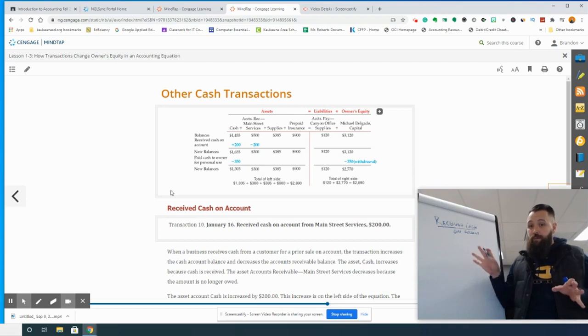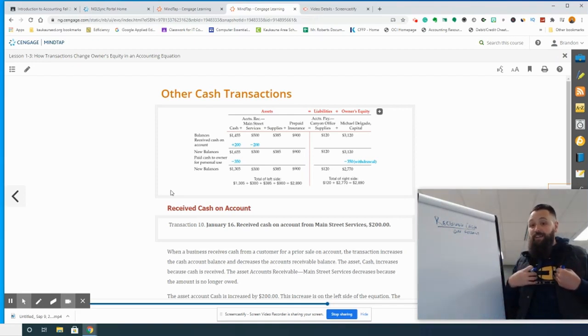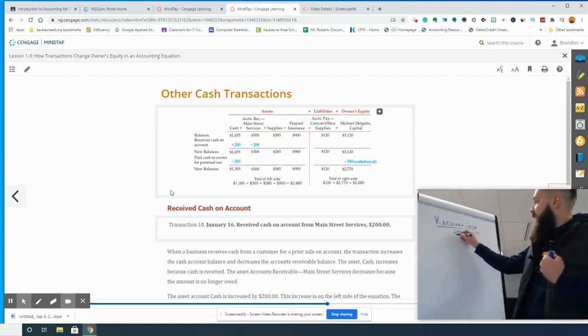Now remember before, we paid cash on account because it was a liability that we owed. Now, somebody that owes us money is actually paying us. So what's that going to be? This on account, so we have cash, and then on account right here is going to be our accounts receivable.